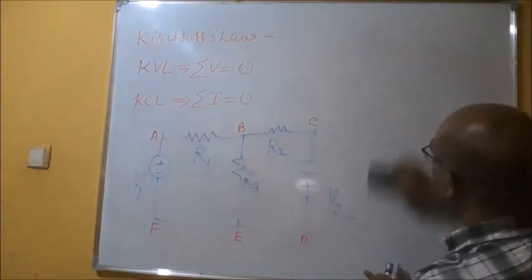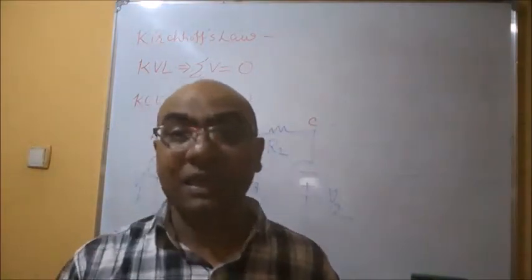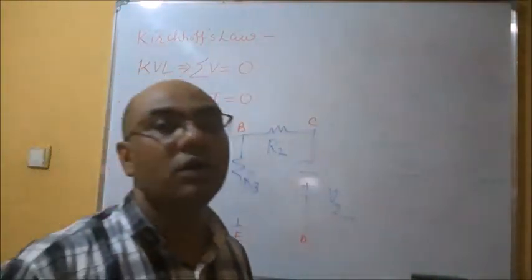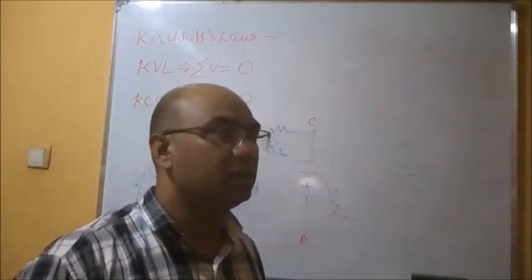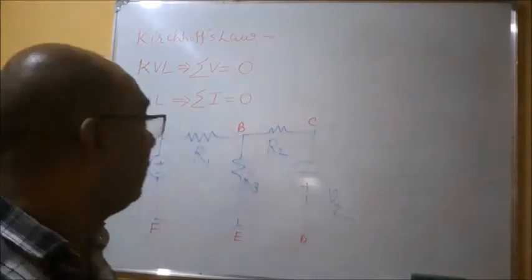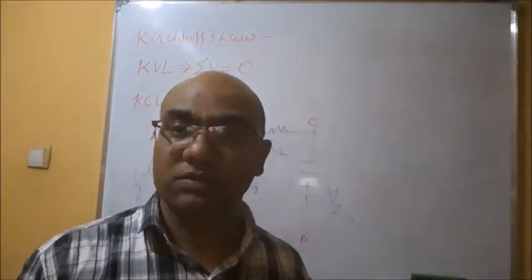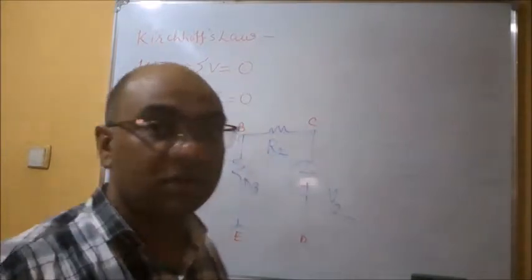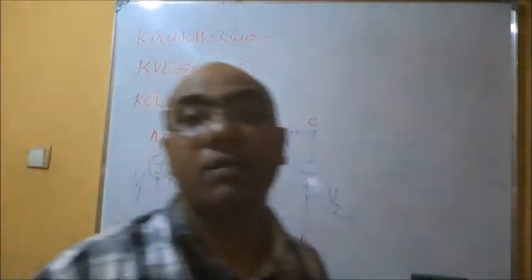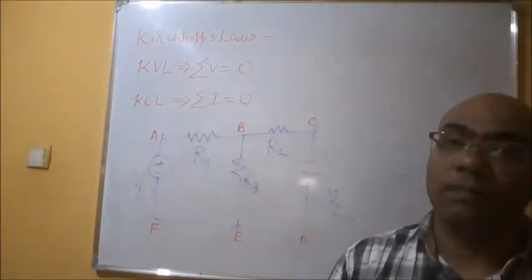The first point is that when you are going to apply KVL, Kirchhoff's voltage law, in any circuit, first of all, you will choose any one voltage source of your choice. Suppose here in this circuit there are two, maybe more than two voltage sources.